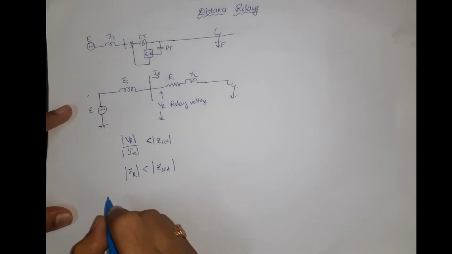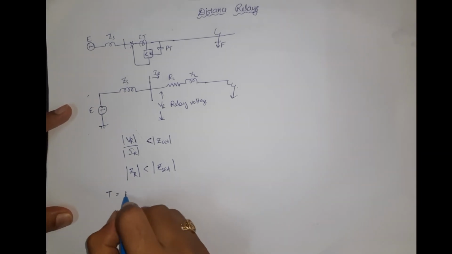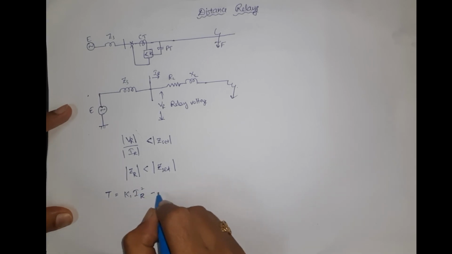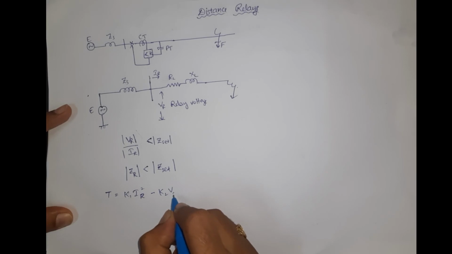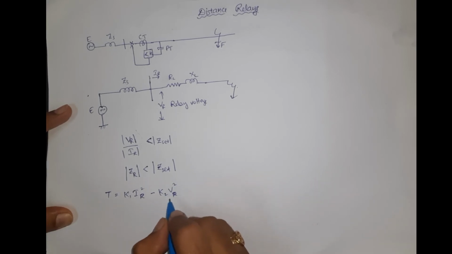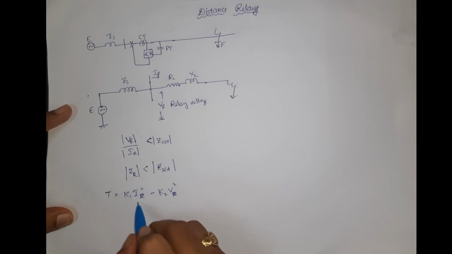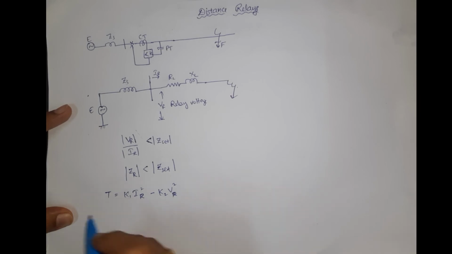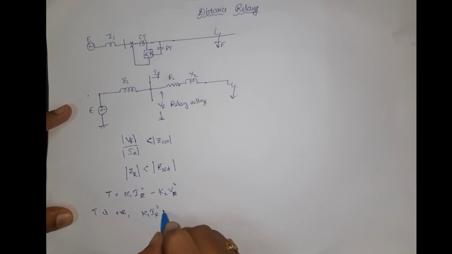For this to happen, let us consider the torque equation, which we have seen in the last lecture: K1 IR square minus K2 VR square, where IR is the current detected by the relay and VR is the voltage detected by the relay. For this torque value to be positive, K1 IR square must be greater than K2 VR square.